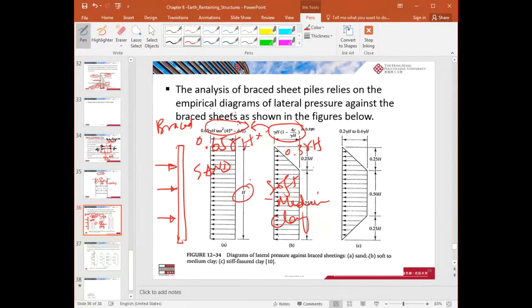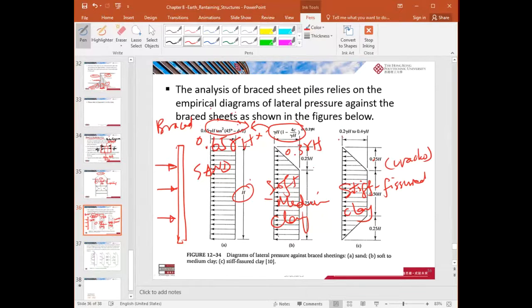And then for very stiff clay, or fissured clay, it means with some cracks there, stiff and fissured, it means cracks.